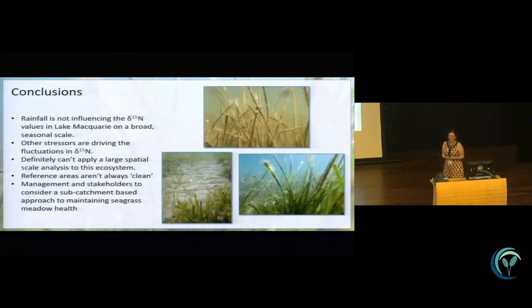What I found through sorting through this data is that rainfall's not influencing the nitrogen values in the lake on a broad seasonal scale, and that there are other stresses influencing the nitrogen, and I probably have that data. It's a pretty big data set and it's taking a while to get through. So you definitely can't apply a large spatial scale analysis to this ecosystem.